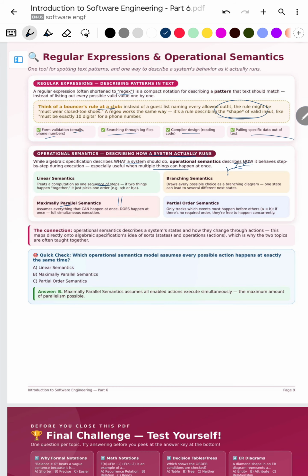Next, the connection. Operational semantics describes system states and how they change through actions. This maps directly onto algebraic specification's idea of sorts, that is states, and operations, that is actions, which is why the two topics are often taught together.